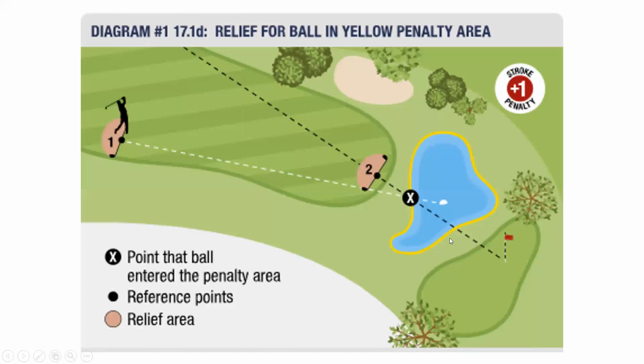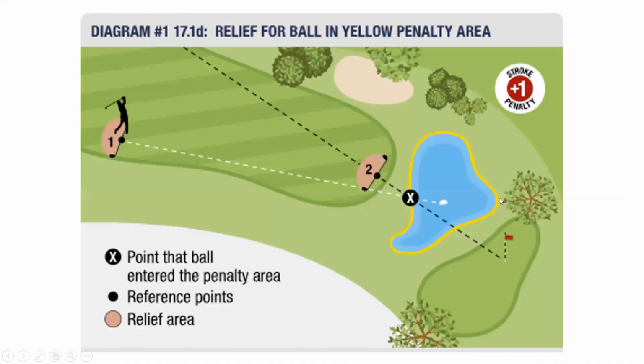Okay, I get your question now, and I think the answer is that your reference point is nowhere in that case, because in VJ's case, or in this case over here, your reference point is literally just past where the penalty area stops. At that very small point you can take your one club length, but you can't go from the actual line itself.